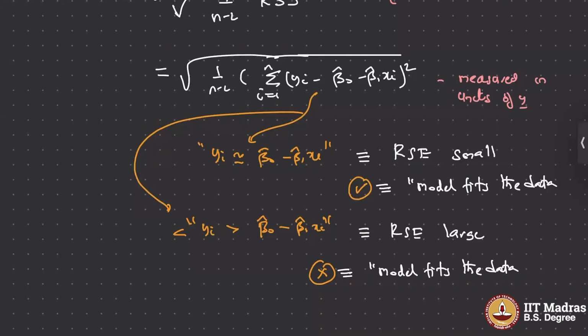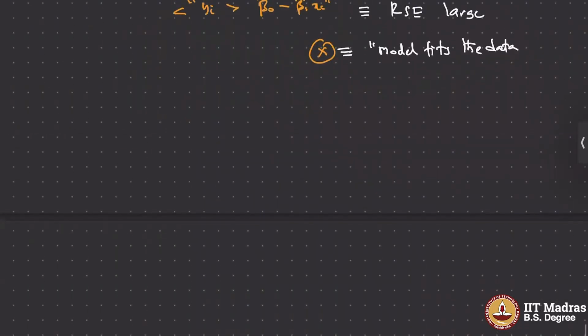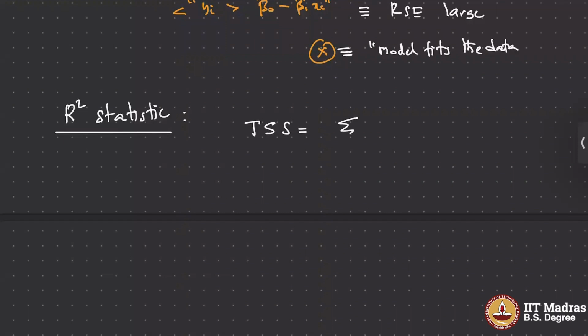So then there's another thing called the R-square statistic. Let's discuss that. Here we take, as we did a long time back, the total sum of squares, which is the summation from i equal to 1 to n of yi minus y bar the whole square.